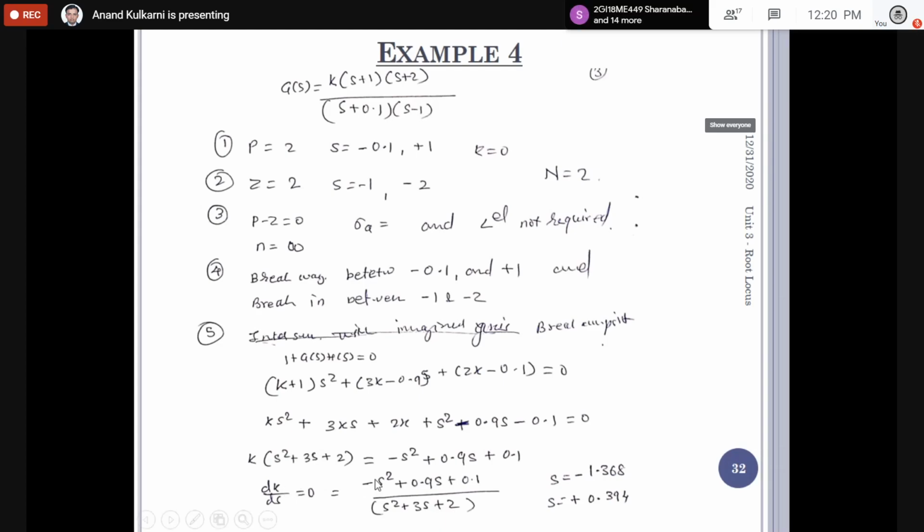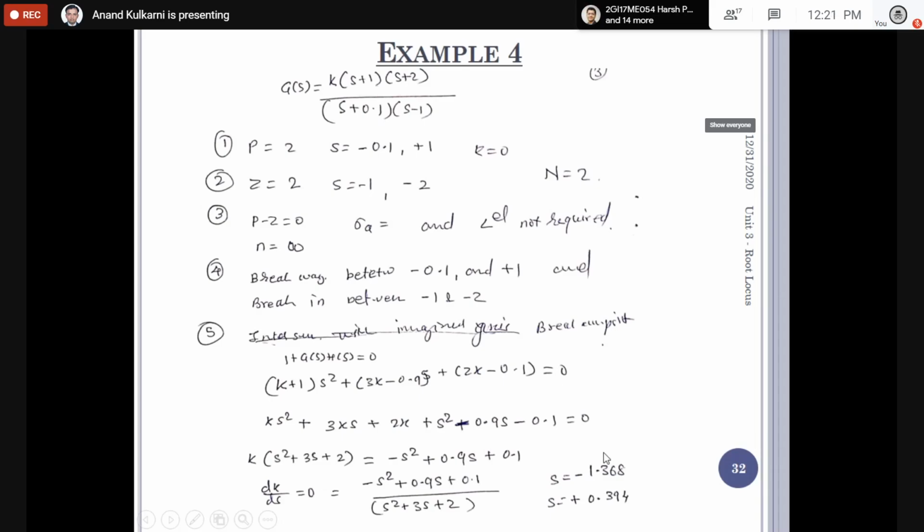Then you differentiate it, once again by the u by v method, and you will get two points. One is minus 1.368 and one is plus 0.394. Out of these, one gives you the minimum value of K and the other gives you the maximum value of K. That means one is a breakaway point and another is a break-in point. Because these two zeros are consecutive and these two poles are consecutive, in between the poles one breakaway point lies, and in between the zeros one break-in point lies.